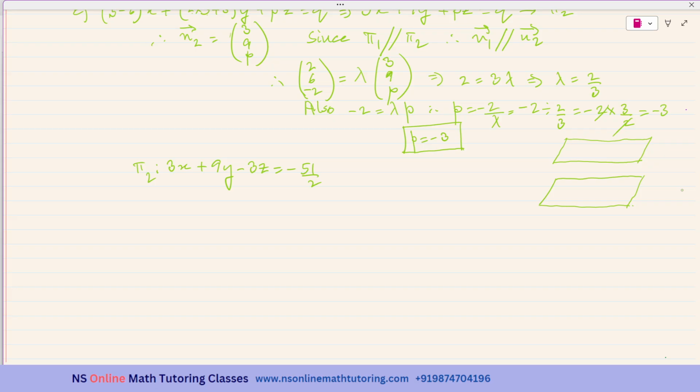I'm taking this plane as pi 2 and this plane as pi 1 because I have seen the next subpart also. In case you do not know, you will obviously not be knowing what is there in the next subpart. But I'm not having any more space in the upward direction. That is why I have named this plane as pi 2 and named this one as pi 1. Or else I could have drawn the pi 2 below pi 1.